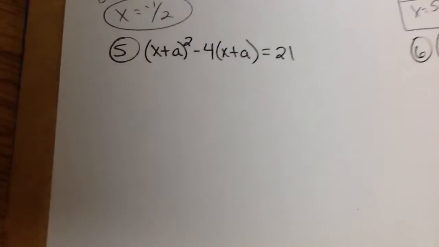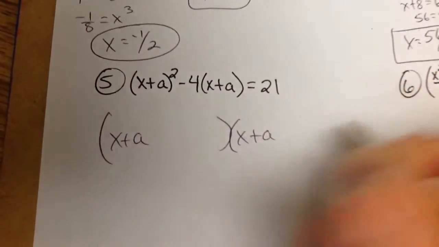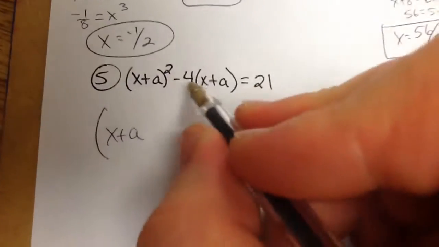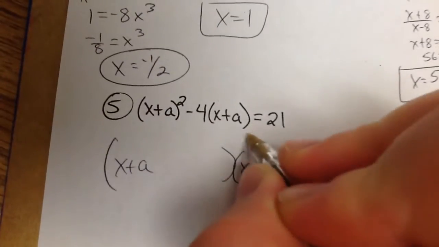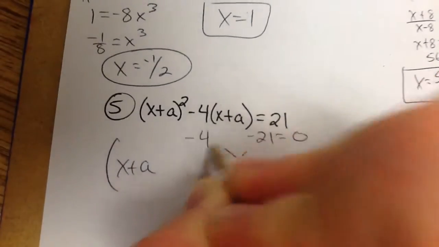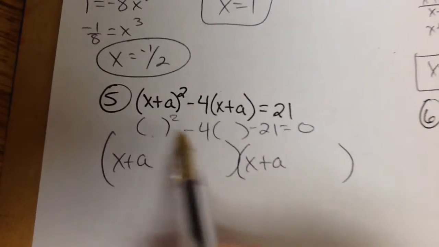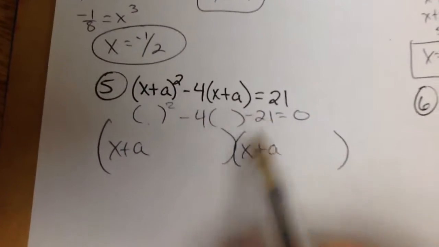Going down here. Let's see, same thing, just factor. So it's going to be x plus a, whoops, minus the 21 over here. So what multiplies? So it's this, that, minus 4 times that, minus 21.